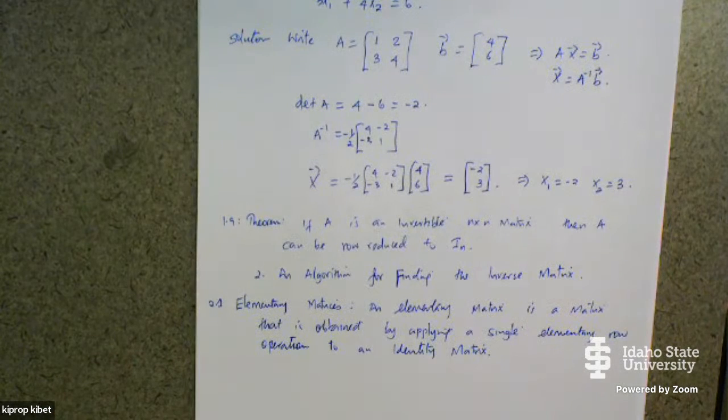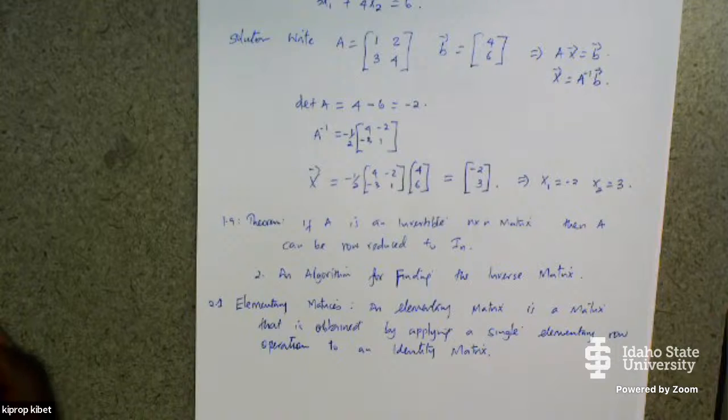So we get that one by applying the elementary row operations. You remember the elementary row operations that we had? You can switch, you can multiply by a constant, or you can add a constant multiple on the rows when you're reducing.